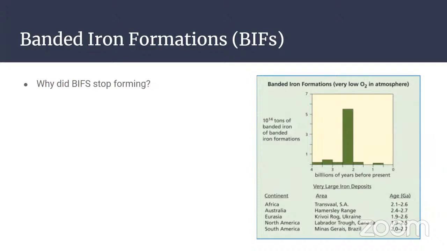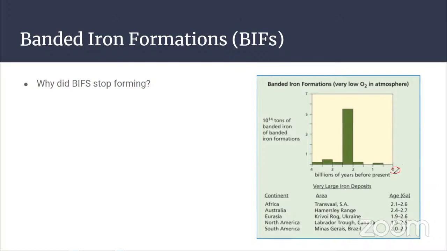So if we look at the presence of these banded iron formations, we can also see that they're not consistently present over time. Looking at our timeline, here we see the present day at 0.